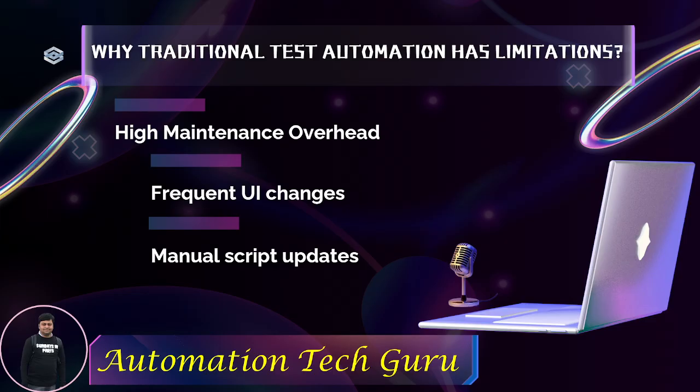Why does traditional test automation have limitations? High maintenance overhead. With frequent UI changes, if a web page's button ID or structure changes, scripts will break.